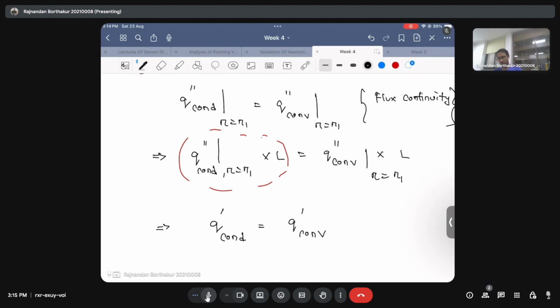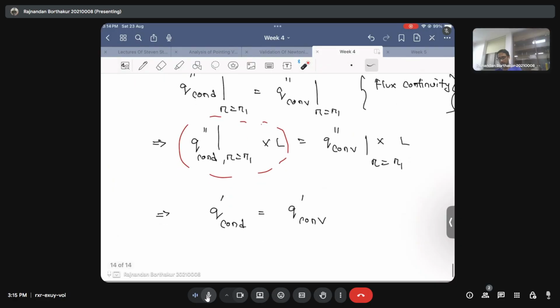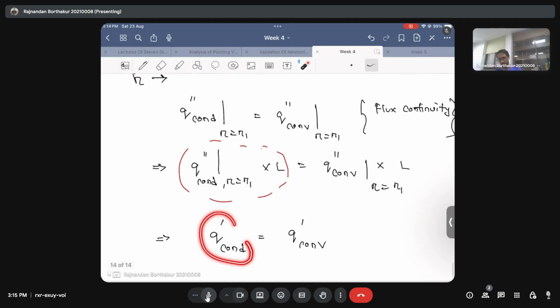That's the case because this is flux multiplied by length, so its unit is watt per meter squared times meter, which becomes watt per meter. So this is the heat removal rate due to conduction, because this was heat flux due to conduction. Multiplying by length implies that we are now calculating the removal rate per unit length.